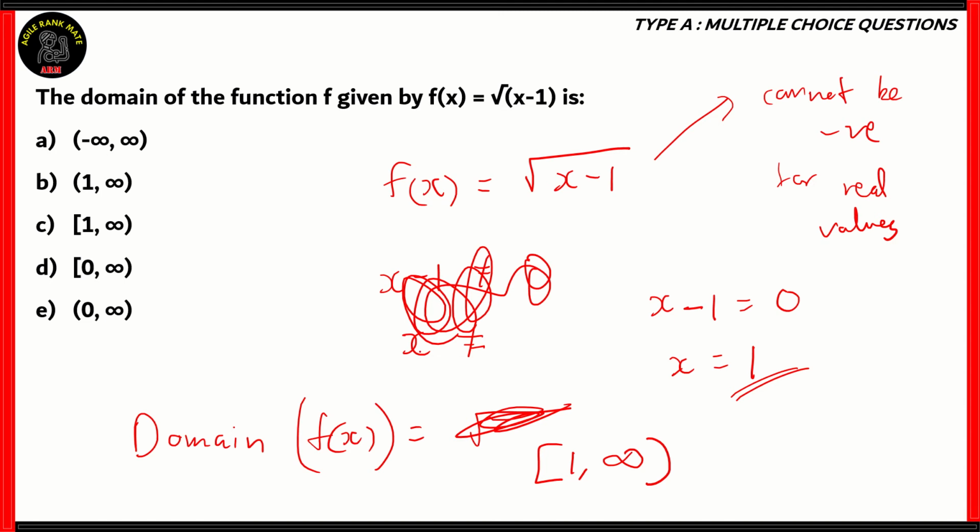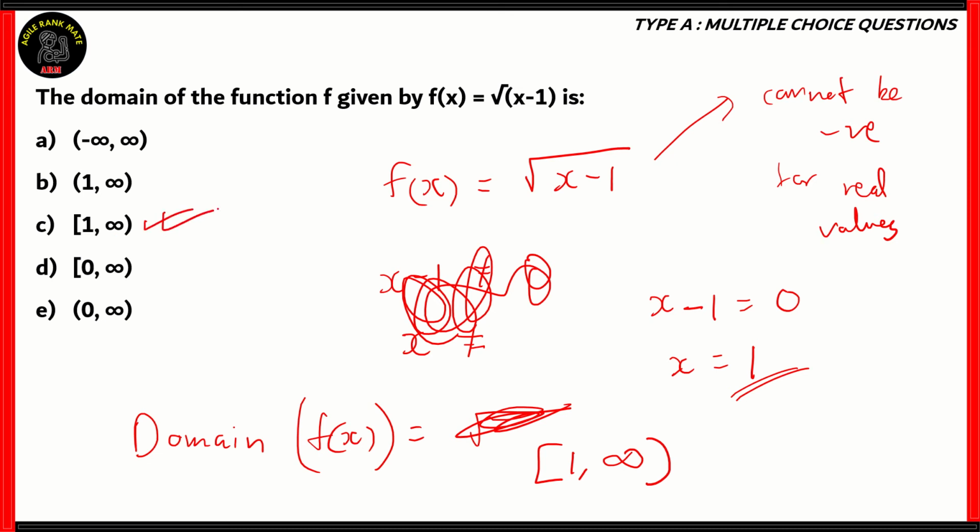Because we don't know the infinite value. It can go up to any value, but it does not include infinity. So therefore, for under root of x minus 1, the least value is 1, and the highest value can be any number before infinity. So therefore, the domain is 1 to infinity.